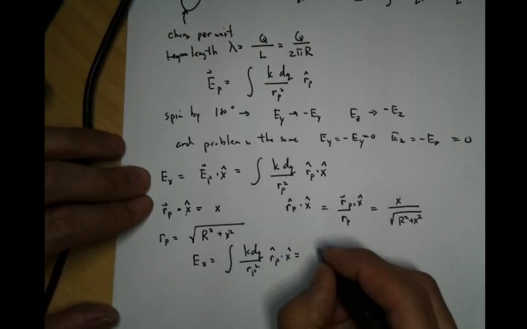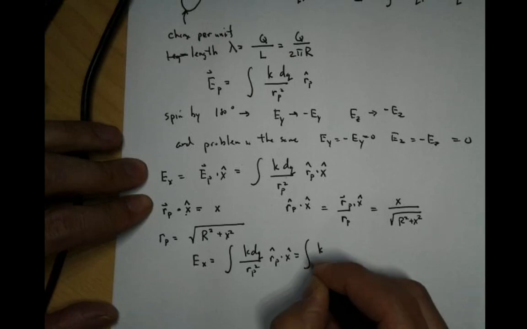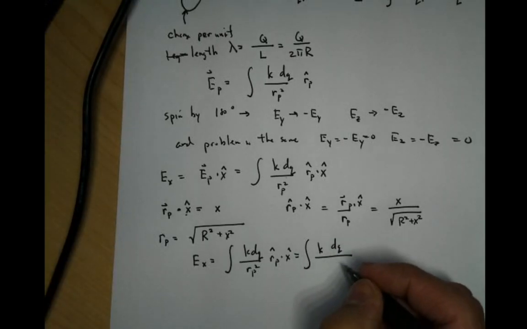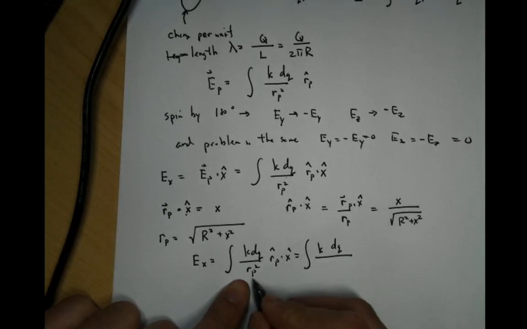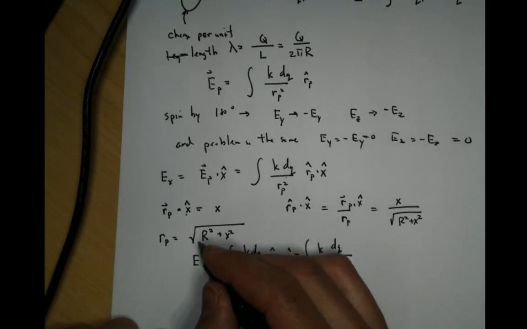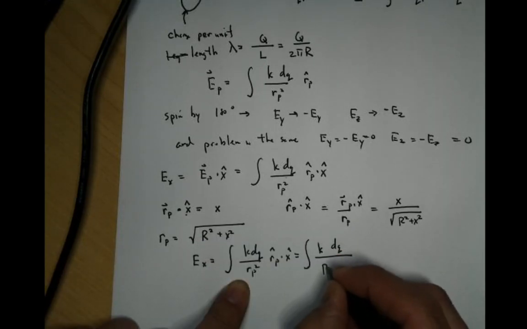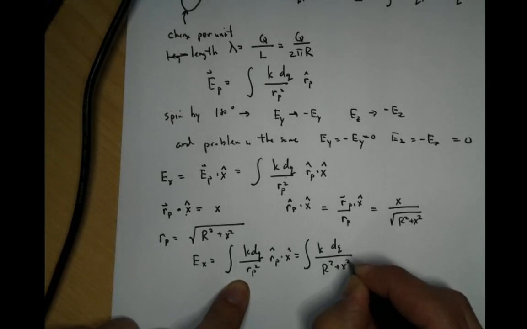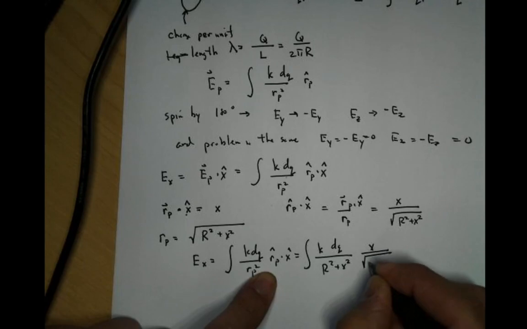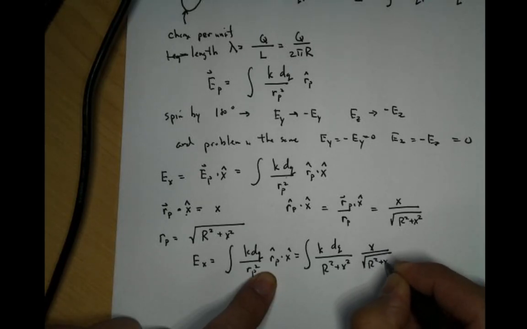So this is going to be k dq divided by r_P squared, which was this thing. So r_P squared is just r squared plus x squared. And this will be x over the square root of r squared plus x squared.